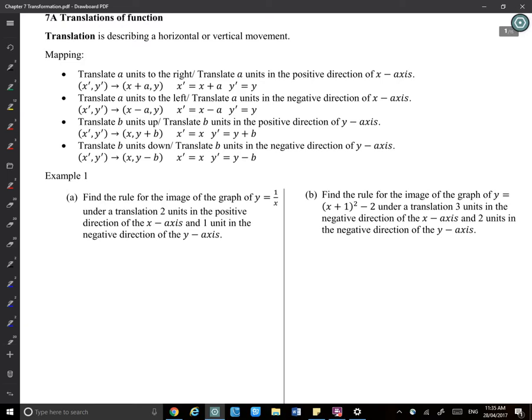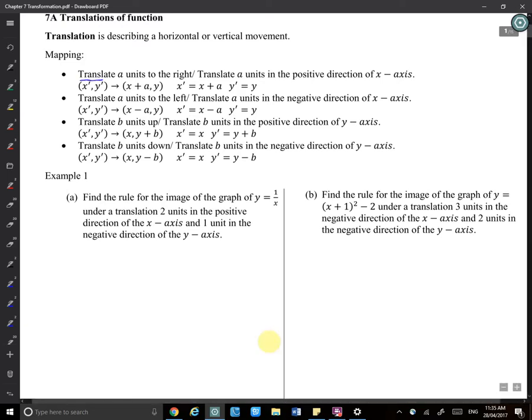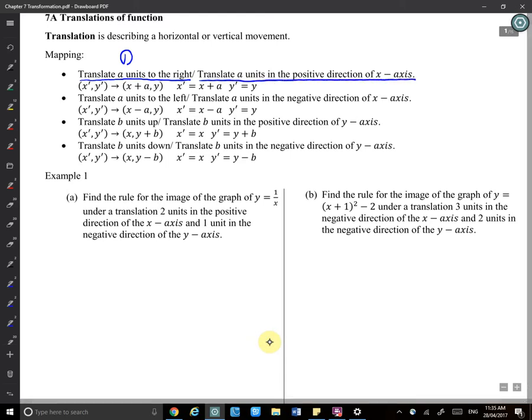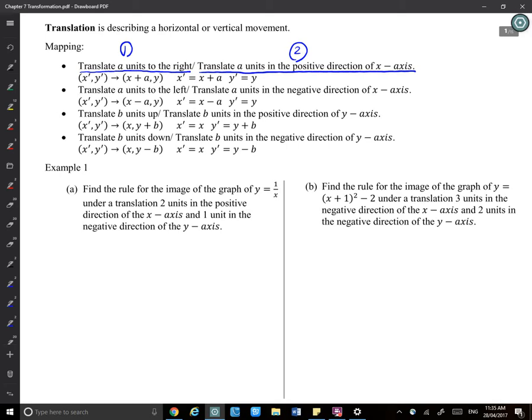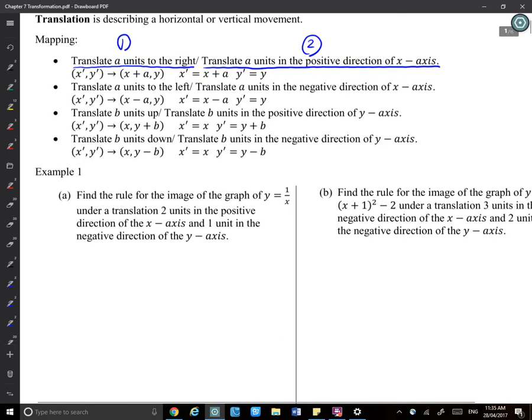How do we describe translation? I'll say translate A units to the right. That's the first way to say it. Or I'll say translate A units in the positive direction of the x-axis. Both of those are correct. Let's say translate 2 units to the right, or translate 2 units in the positive direction of the x-axis.